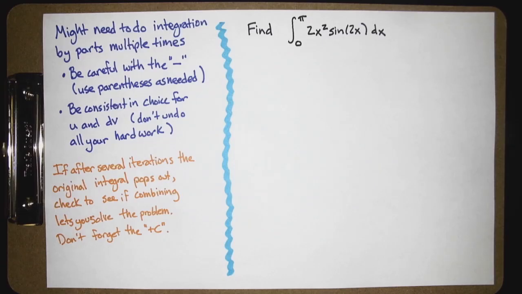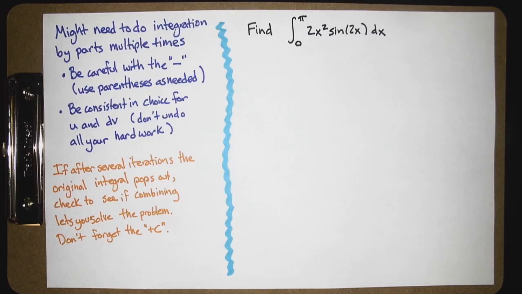All right, the integral of 2x squared sine of 2x. I'll go ahead and say it's an integration by parts problem. What do you want to have be the u? What do you want to have be the dv? So in other words, which part do you want to take a derivative of? Which part do you want to integrate?